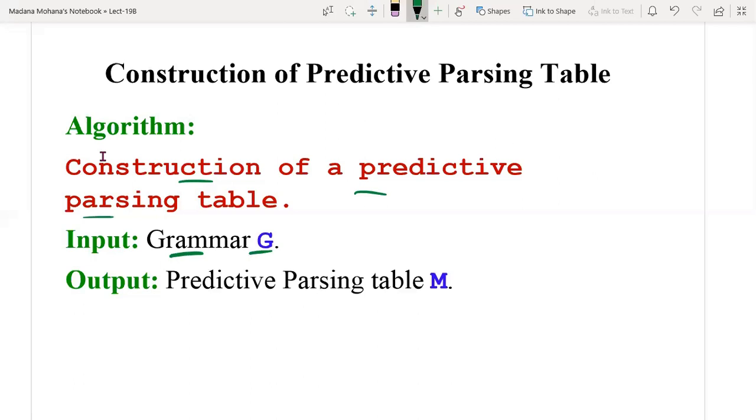If any of these are present in the grammar, then you have to remove all those as per the methods we discussed during syntax analysis or parser. So that is the input, the grammar G without left recursion, without ambiguity, and left factored. Then the output is the predictive parsing table M. Finally, the table is going to be constructed.